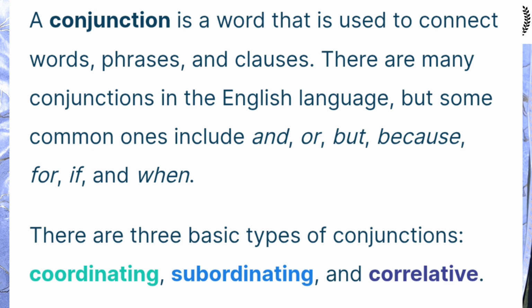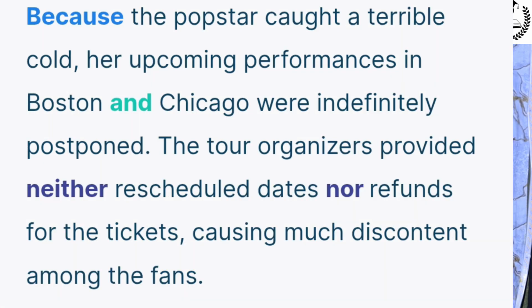There are three basic types of conjunctions: coordinating, subordinating, and correlative. Because the pop star caught a terrible cold, her upcoming performances in Boston and Chicago were indefinitely postponed. The tour organizers provided neither rescheduled dates nor refunds for the tickets, causing much discontent among the fans.